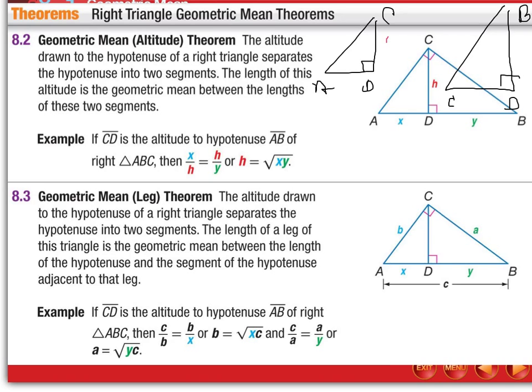So CD is labeled H, and CD is labeled H here.